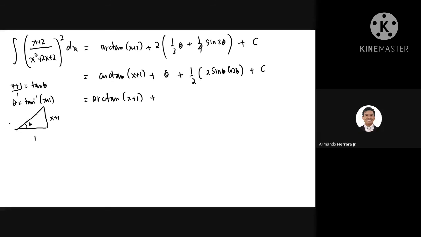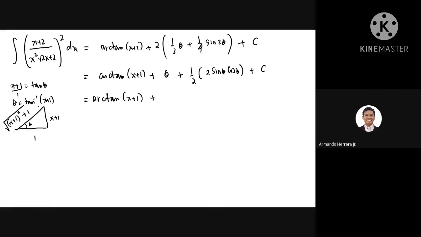So this hypotenuse is the square root of x plus 1 squared plus 1. That's the square root of x squared plus 2x plus 1 plus 1. So that is theta, which is arctangent of x plus 1, plus 2 cancels out.